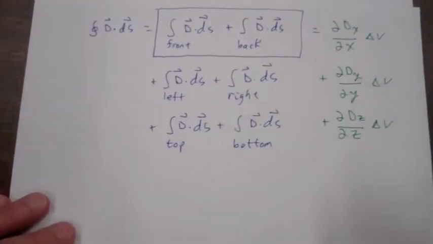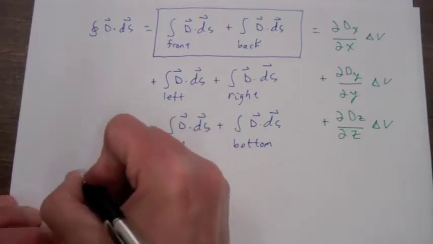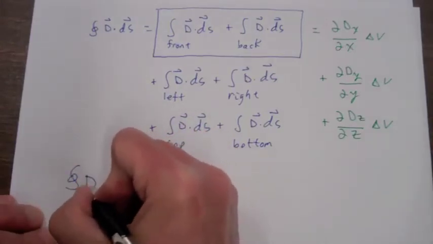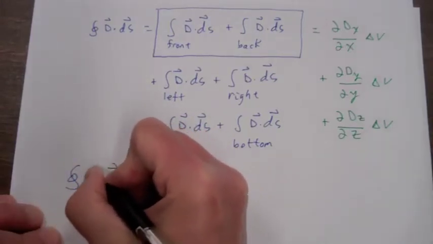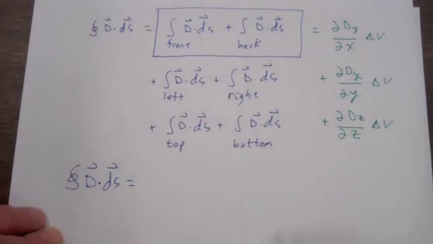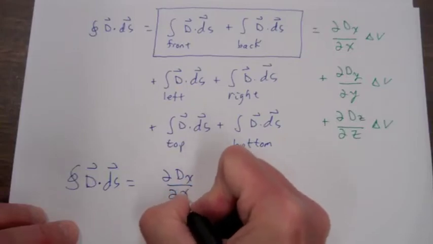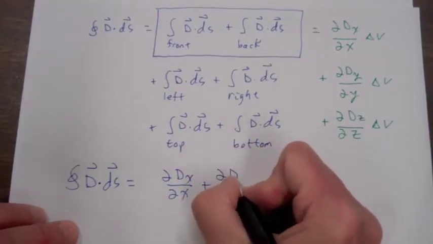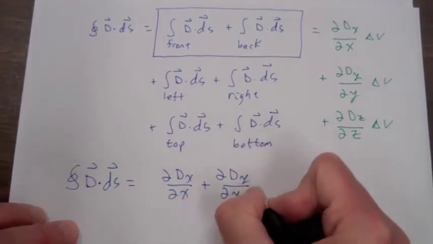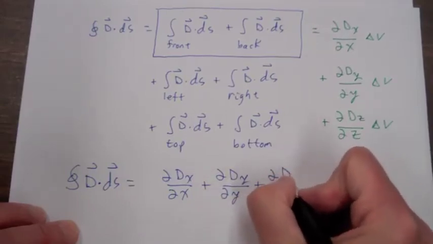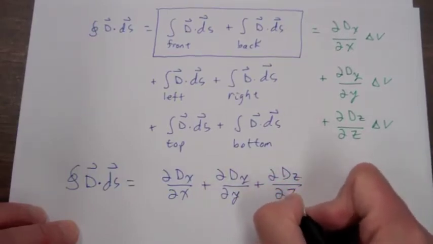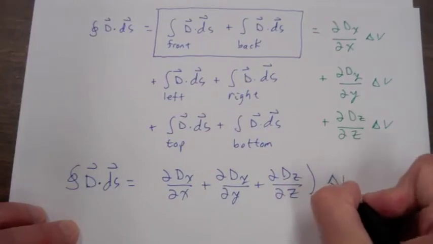So let's rewrite then the integral of d dot ds over the surface of the cube is equal to the partial of d sub x with respect to x plus the partial of d sub y with respect to y plus the partial of d sub z with respect to z times delta v.